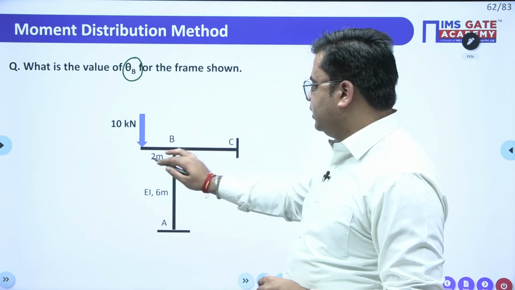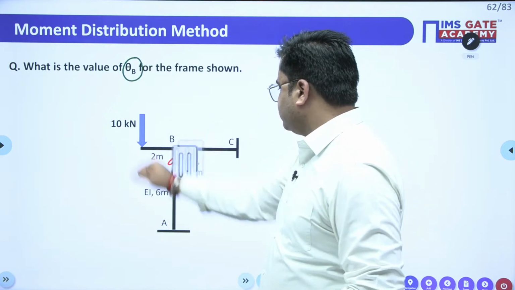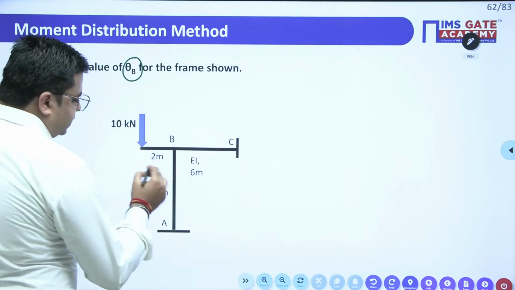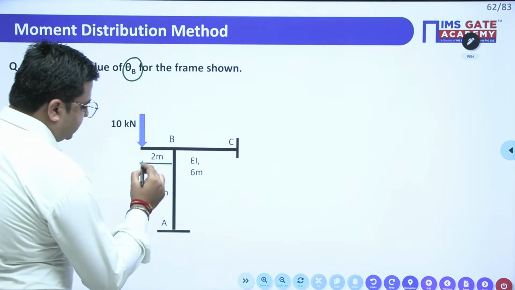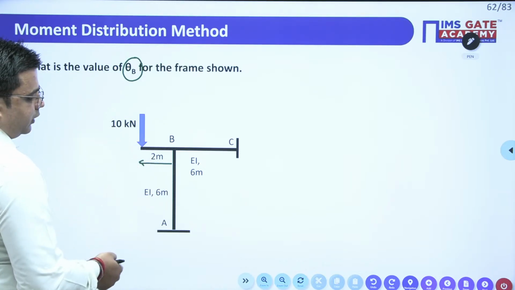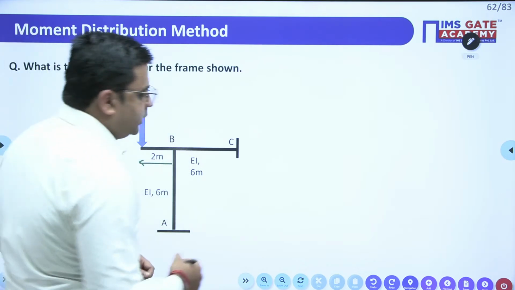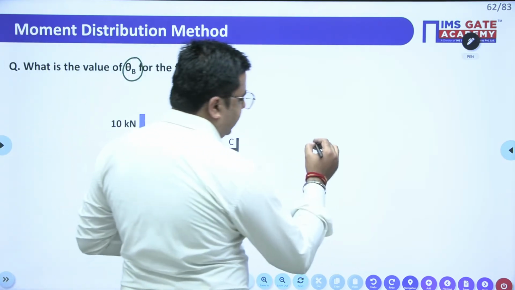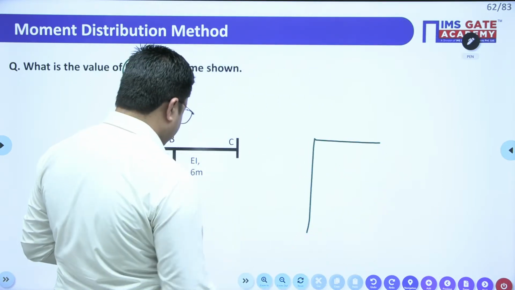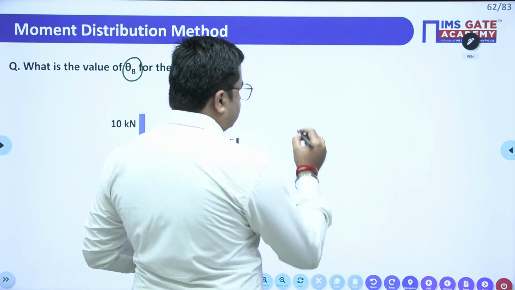So just resolve this figure. Consider this as the extended arm, 2 into 10. So this is 20 kilonewton meter of moment applied at joint B. So this figure can be resolved like this: this is my BC and this is my BA.